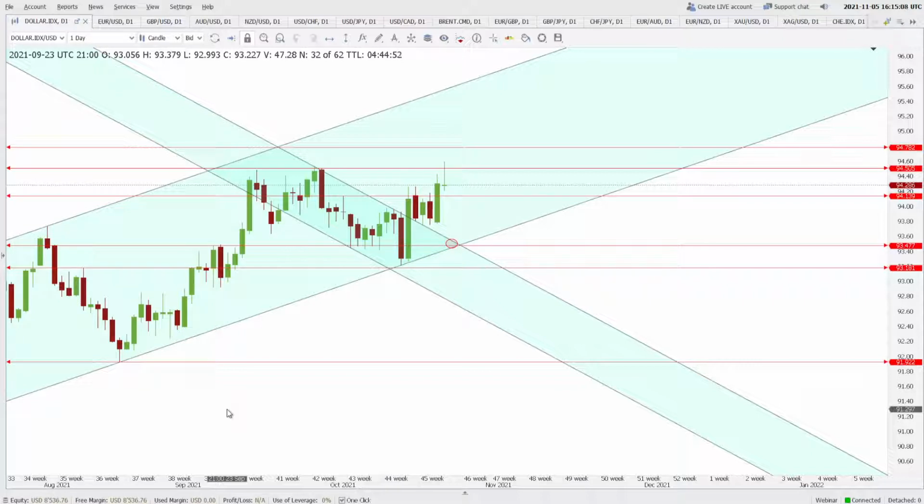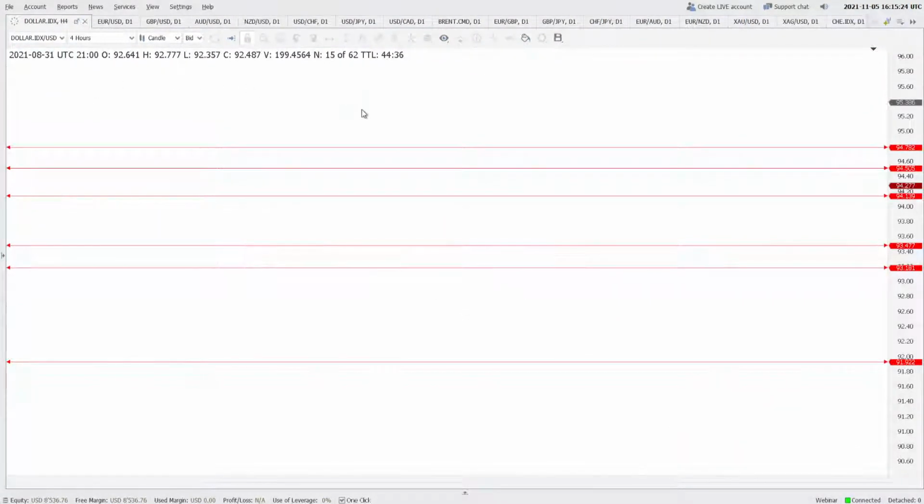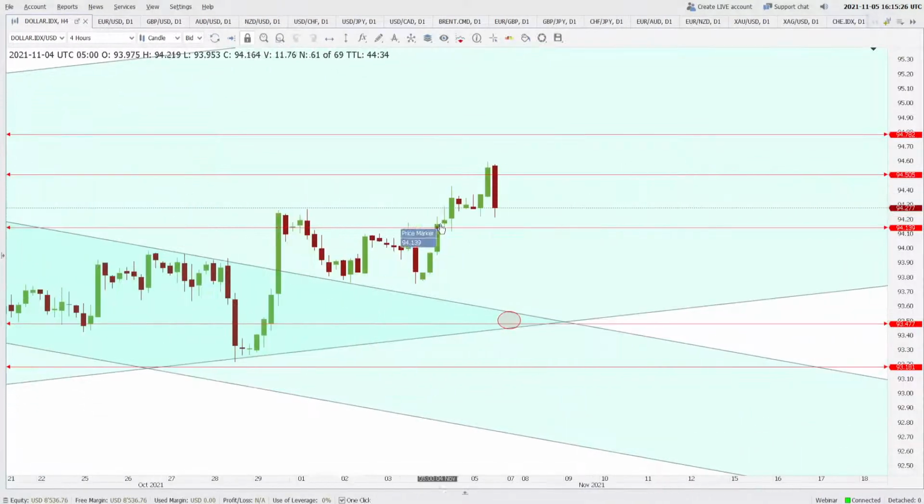So till yesterday we saw that 94.13 was the resistance, and yesterday we saw a close higher than the 94.13 level, and this close opened the way for 94.50. Today, if you see the 4-hour chart, the dollar appreciated during the day.